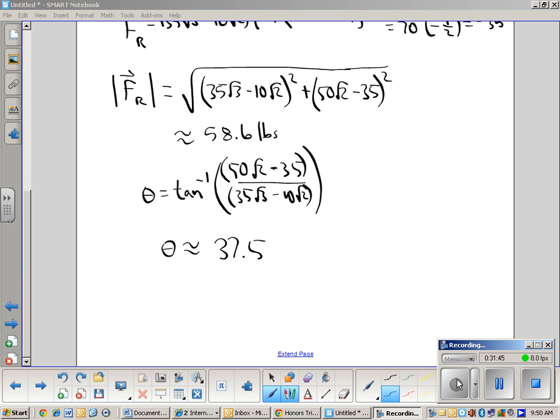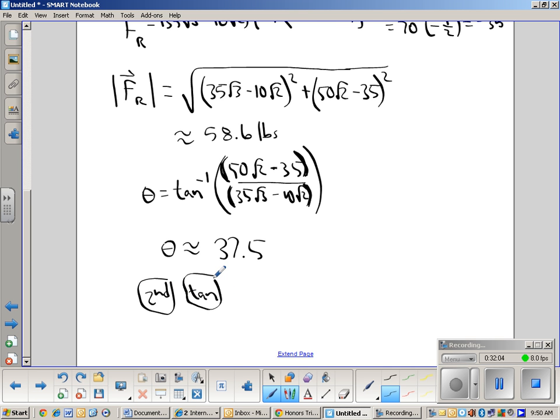If we have an error, it's because we probably didn't group our numbers together before we divided. And that causes an error. So our key sequence on our calculator would be second, tangent inverse, and they give us a parenthesis, so we apply one.